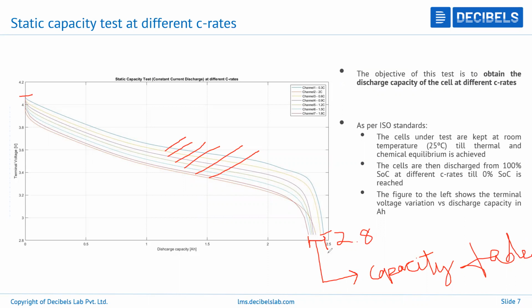So the main objective of this test is to obtain, first and foremost, the discharge capacity of the cell at different C rates, and the second thing is to analyze the extent of capacity fade.